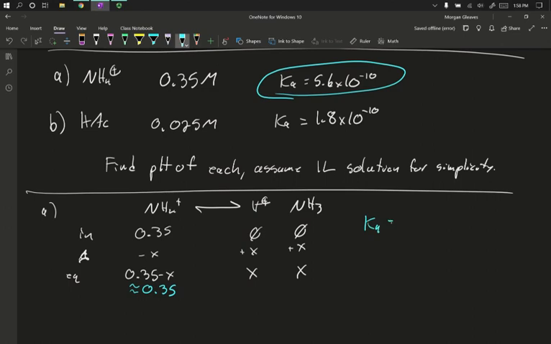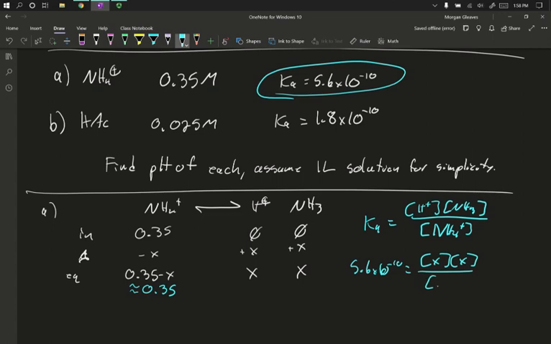My Ka is going to equal my H plus, my base, over my acid, which means 5.6 times 10 to the minus 10 is going to equal X times X all over 0.35.